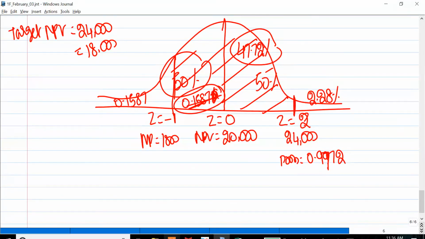I can say that the probability that the value of this building will exceed 2 crore is 2.5%. The probability that the value of this building will be around 1 crore 50 lakhs is 10%. I can attach a probability like this to anything, with an understanding of this Z table.